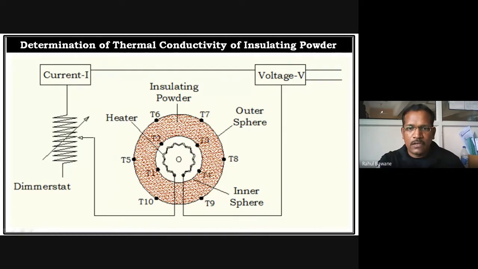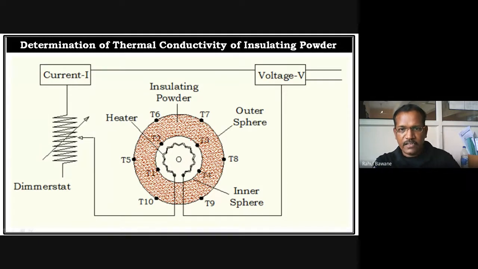Why? Because when you switch on the equipment, your inner sphere might gain heat, but it is not possible that heat is transferred from the inner sphere to the outer sphere immediately. So it takes some time. Wait a minimum of 30 minutes. After 30 minutes, start noting down the first reading.